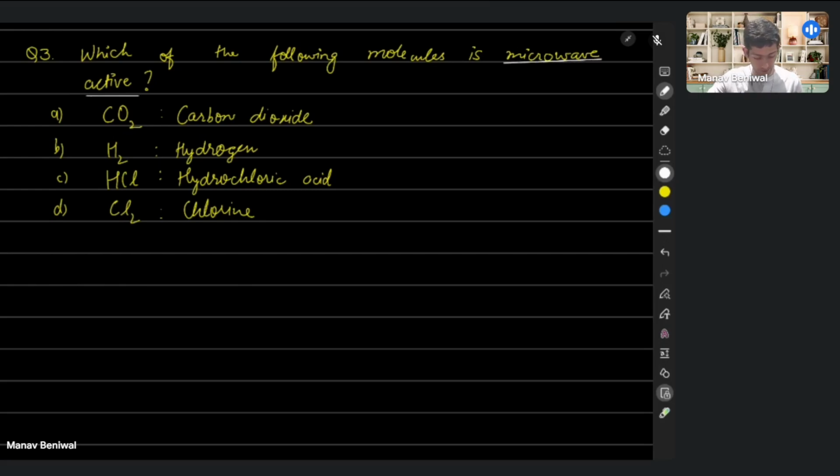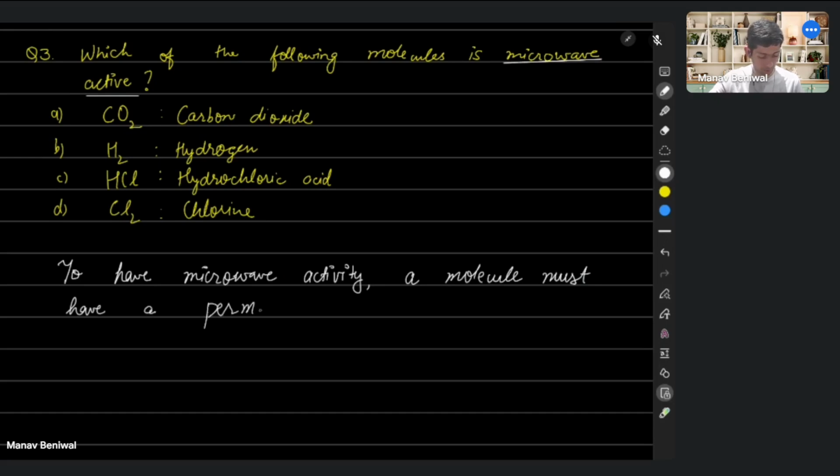To have microwave activity, a molecule must have a permanent dipole moment.